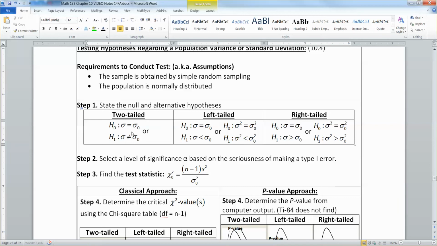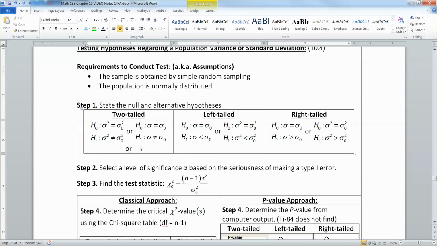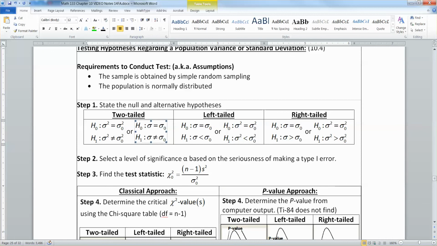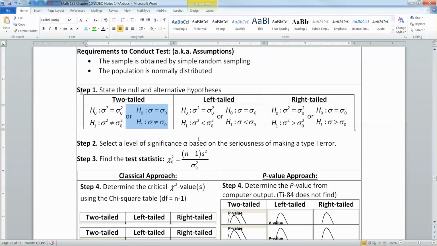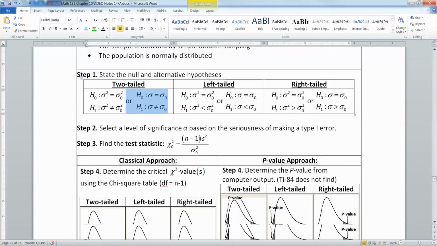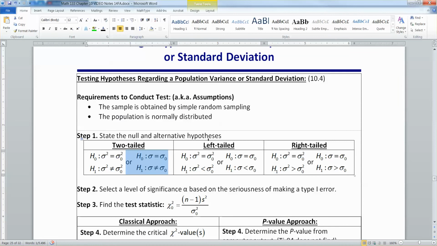So the variance is the sigma squared, or the sigma on its own would be just plain standard deviation. And then I'll reverse all of them and fix that. One second. All right, there we have it. So the variances are the ones in the front. The standard deviations are the ones in the back. And they're going to work exactly the same way. It's just a question of which hypotheses you are looking at.